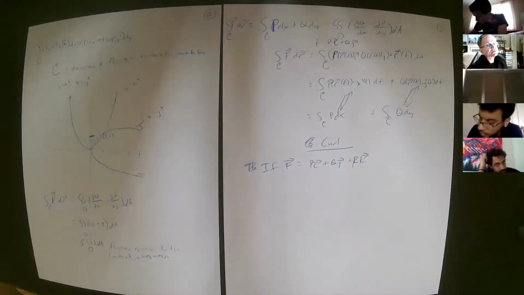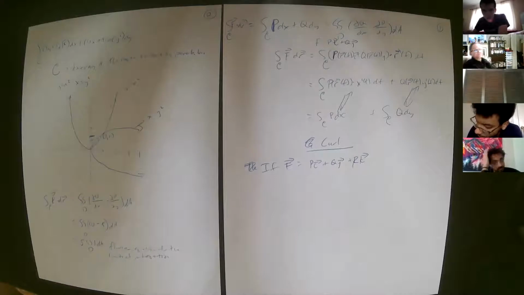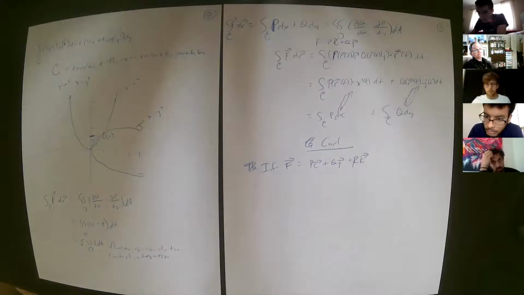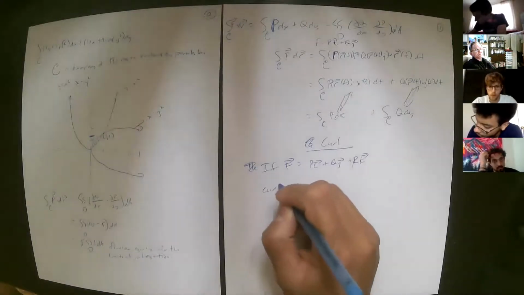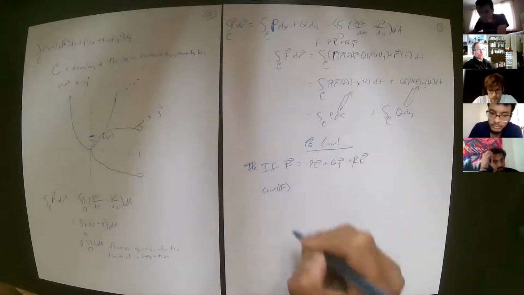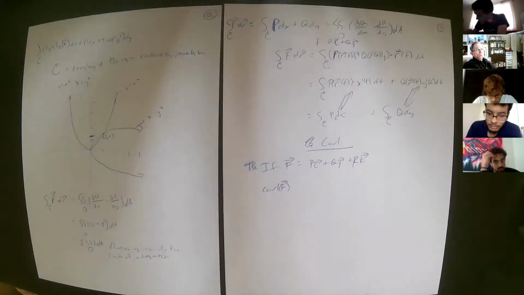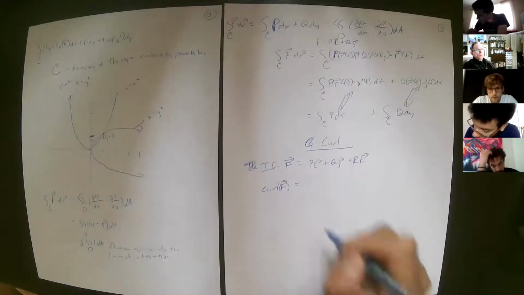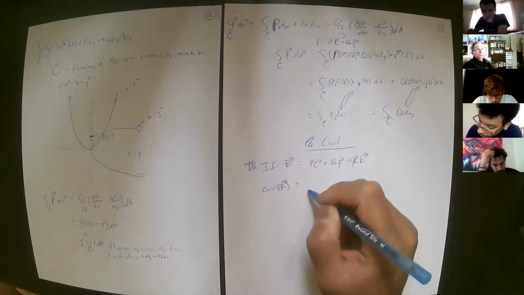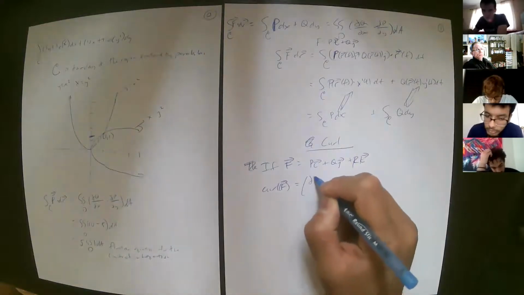The curl is going to be another vector field. So let's be very aware of the kinds of objects we have. The curl of F, sometimes written like this, sometimes without the parentheses. This is another vector field, and it's defined like this.